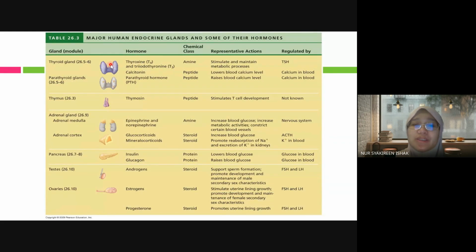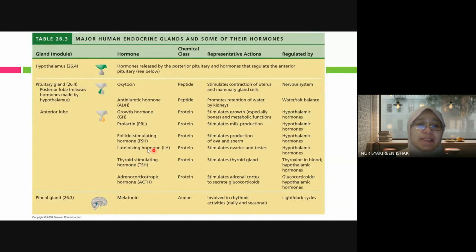This hormone TSH causes another endocrine gland to produce another hormone. We call this a tropic hormone. So an endocrine gland produces a hormone that causes another endocrine gland to produce another hormone. GnRH from the hypothalamus is considered a tropic hormone, because it causes the anterior pituitary to secrete FSH.